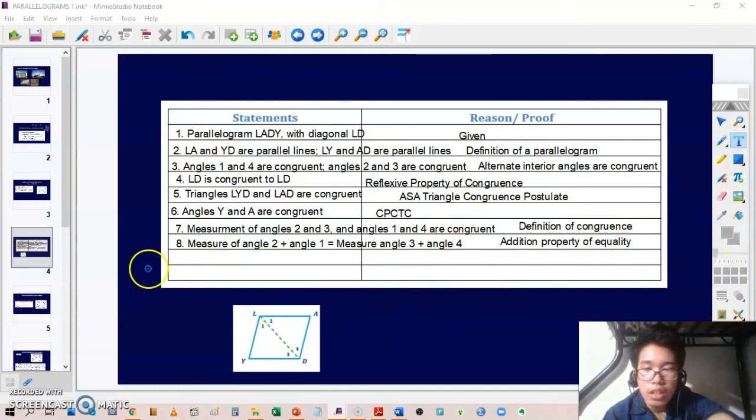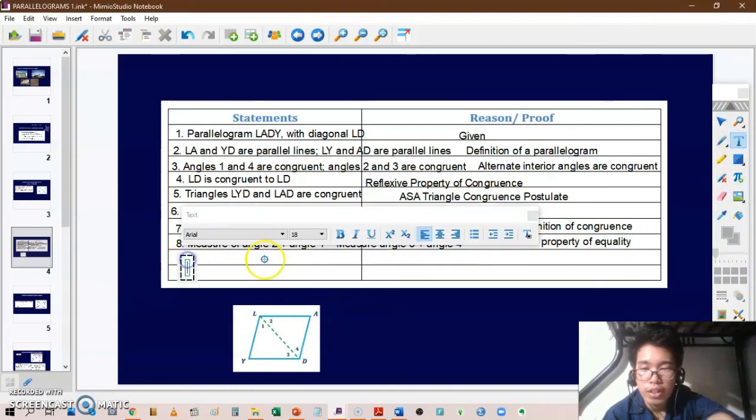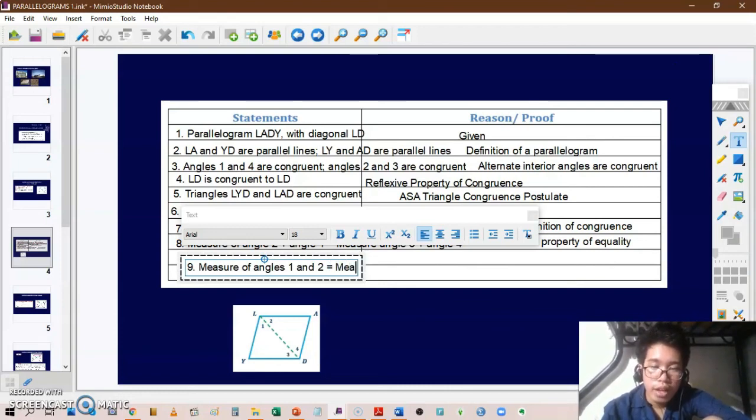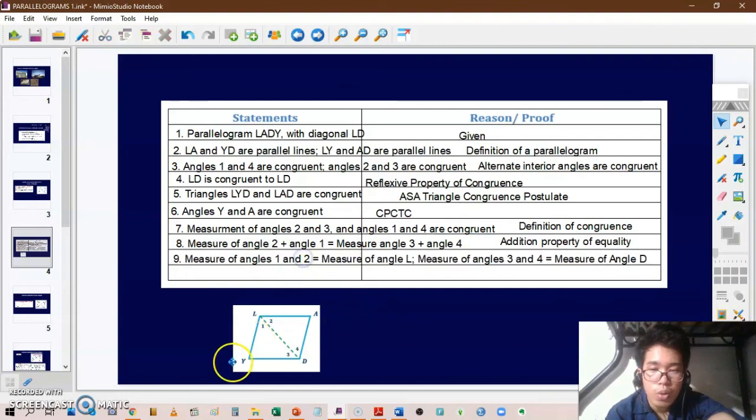As we can see on the figure, this will be the ninth statement. On the figure, the measure of angles 1 and 2 is equal to the measure of angle L, and also the measure of angles 3 and 4 is equal to the measure of angle D. It's quite long.